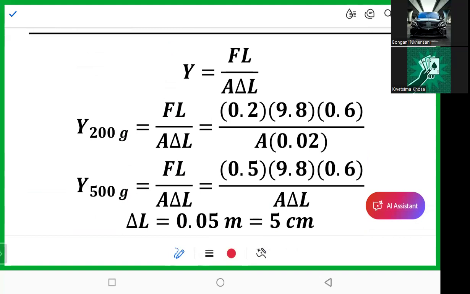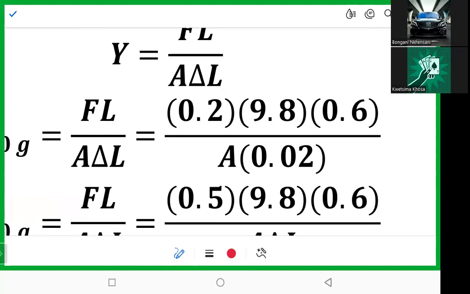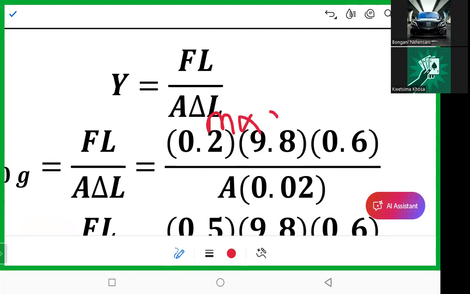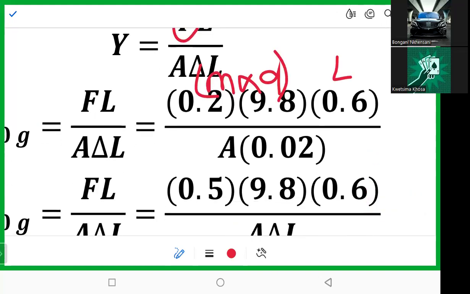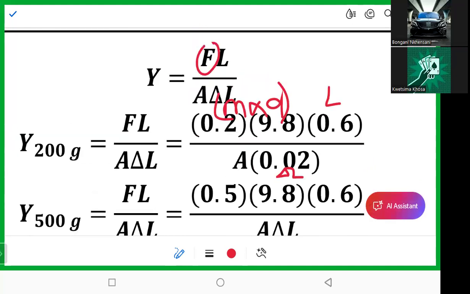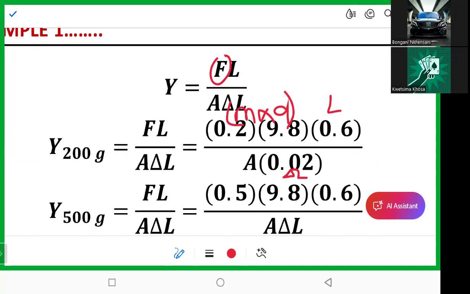Let's talk about spring. We know that force is equal to mass times acceleration. So this is F, this is the length that was given, this one is the change in length, then A is the area of our material.